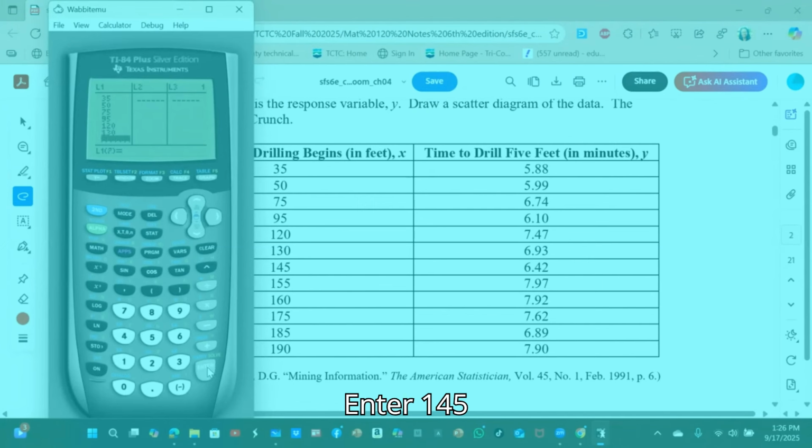enter, 145, enter, 155, enter, 160, enter, 175, enter, 185, enter, 190, enter.